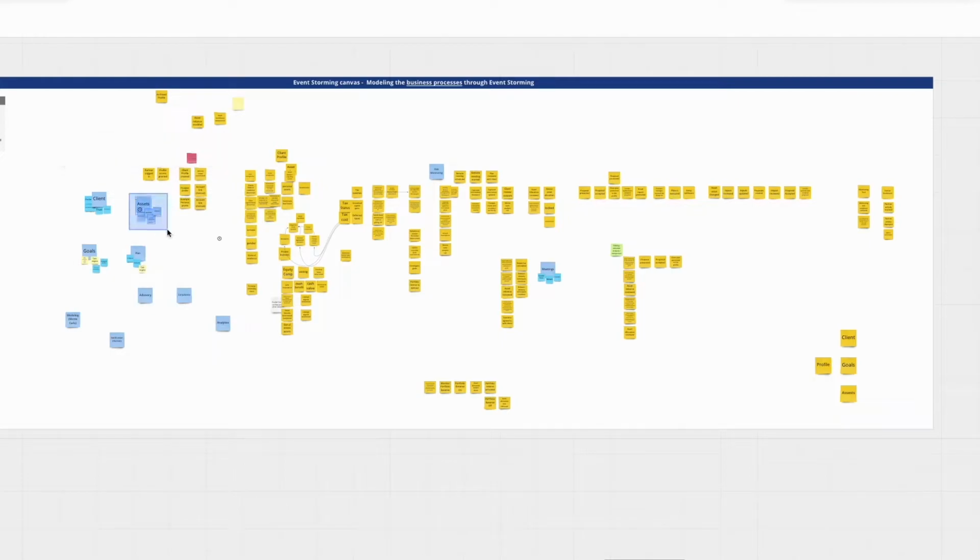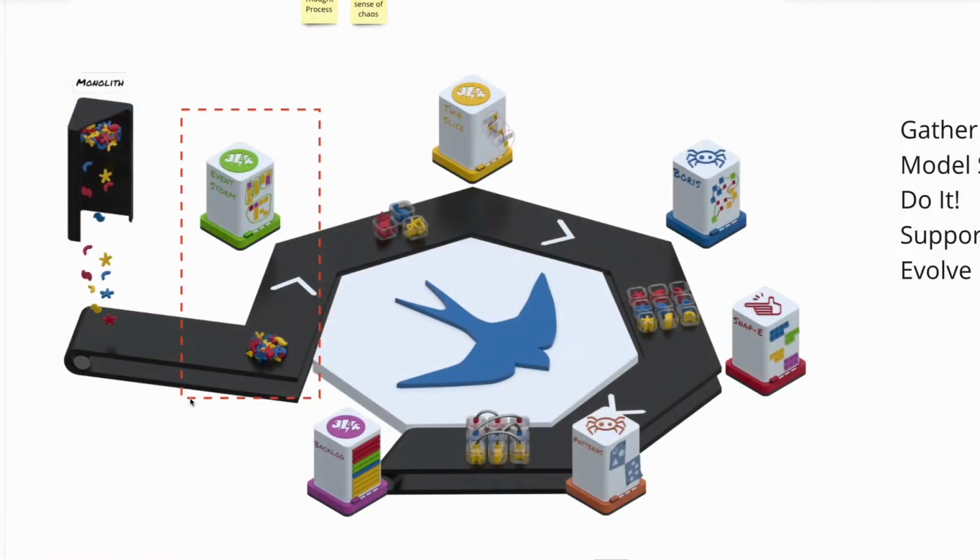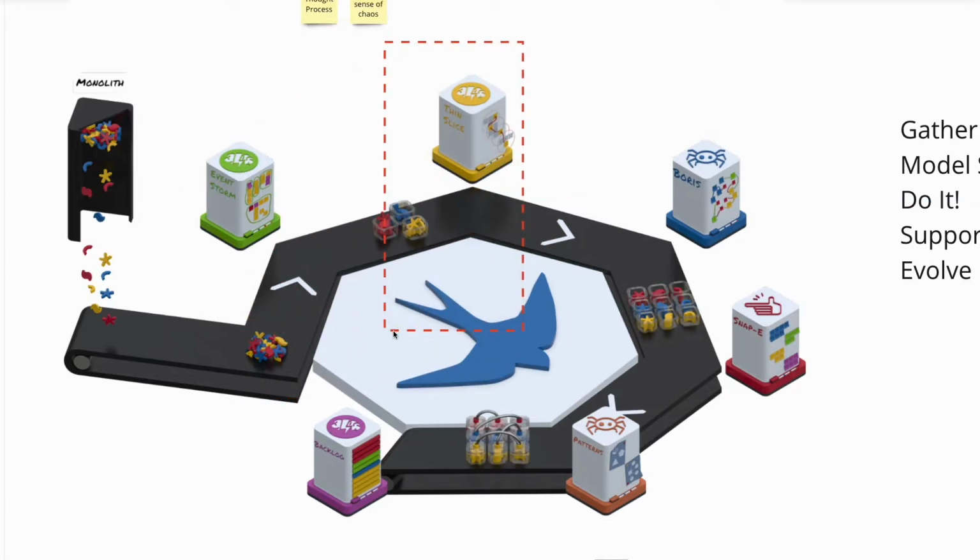And this is leading into the next step. Then we have our ubiquitous language, we have an idea about what the system does, and now we're starting to see how the system actually is organized from a capability perspective. And then we move on to the next piece where we're starting to think about thin slices.